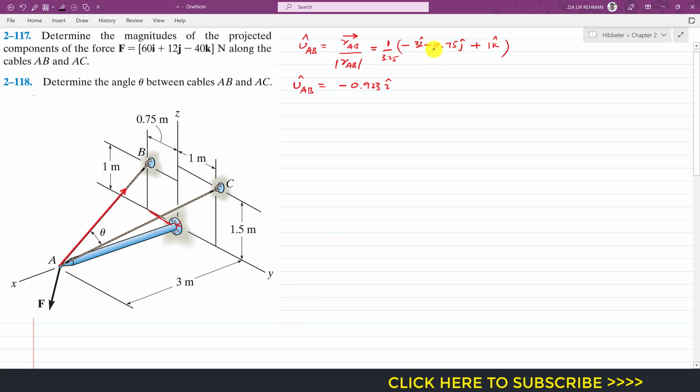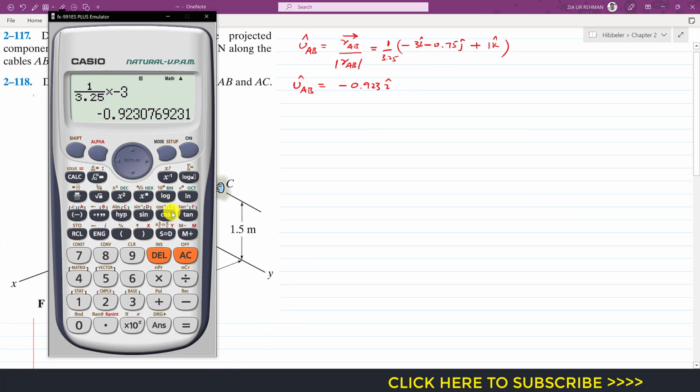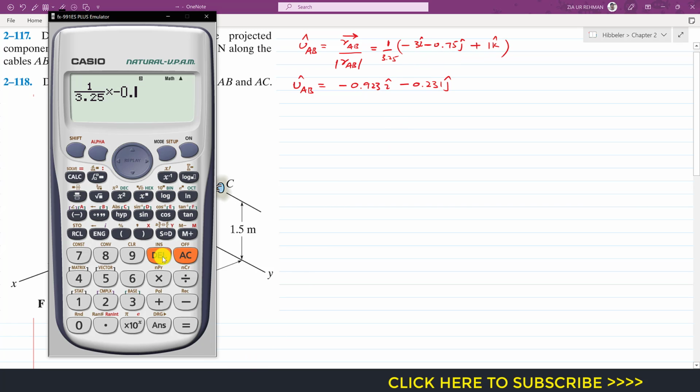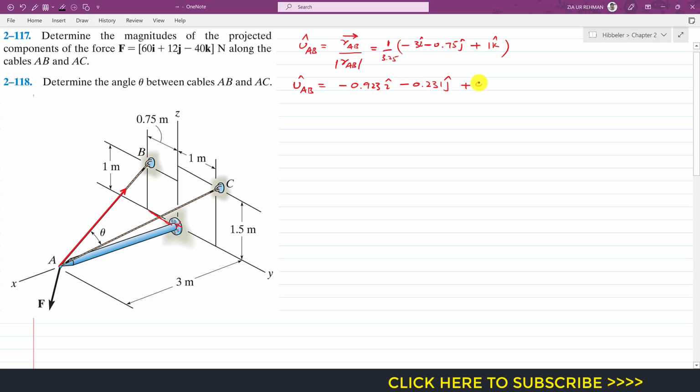Then we multiply it with minus 0.75, which gives us minus 0.231j. And when we multiply it with 1, this is 0.308, so plus 0.308k. So this is the unit vector along AB.